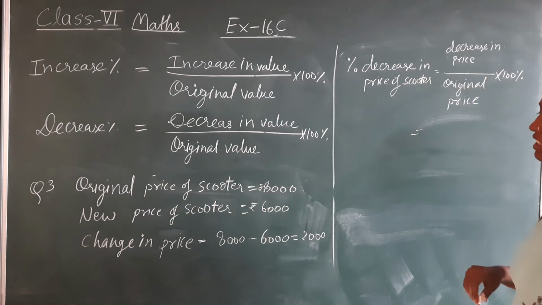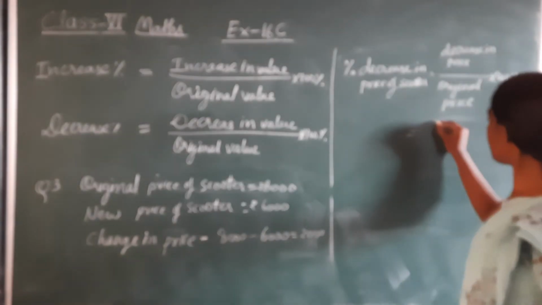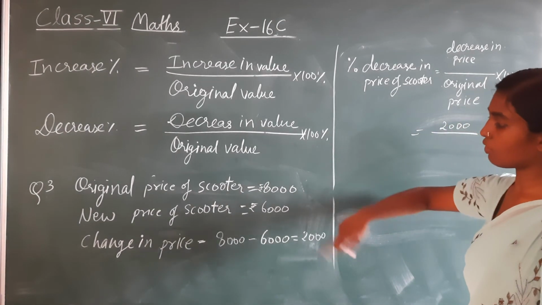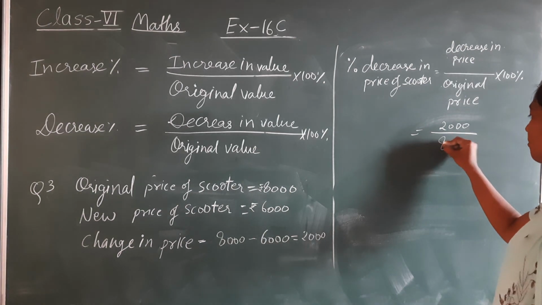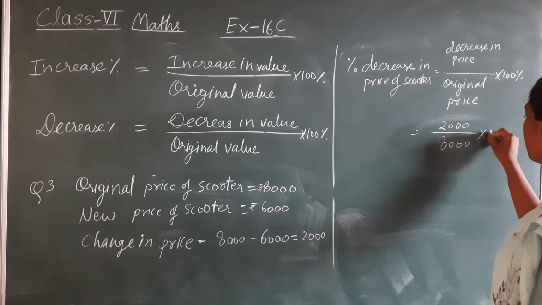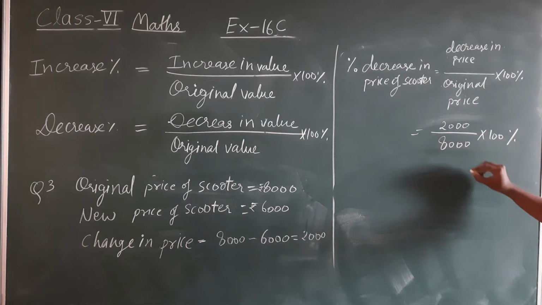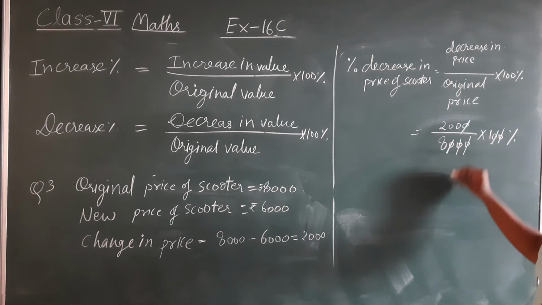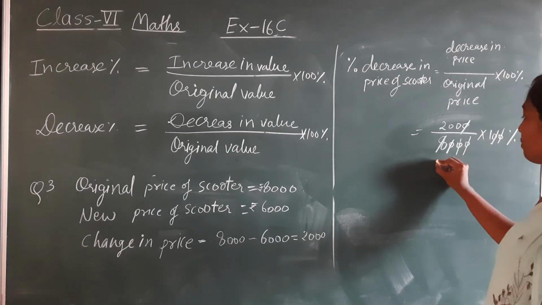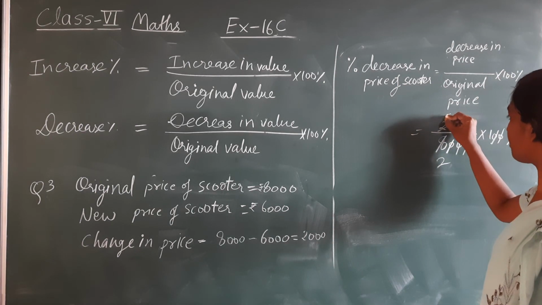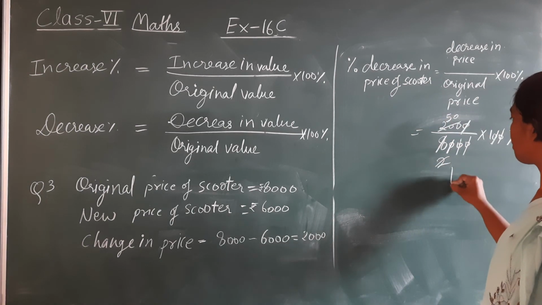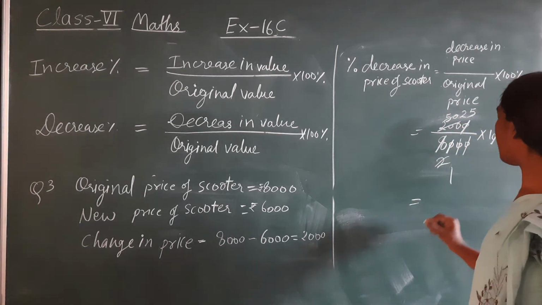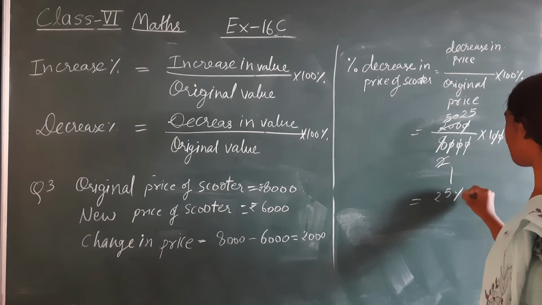What is the decrease? How much is it decreasing? 2,000 rupees. And how much is the original one? The original one was 8,000 and multiply 100 and percentage sign. 0 0 cancel, 0 0 cancel, then 4 2s are 8, 4 5s are 20, and 0, 2 1s are 2, 25s are, and the answer is 25%.